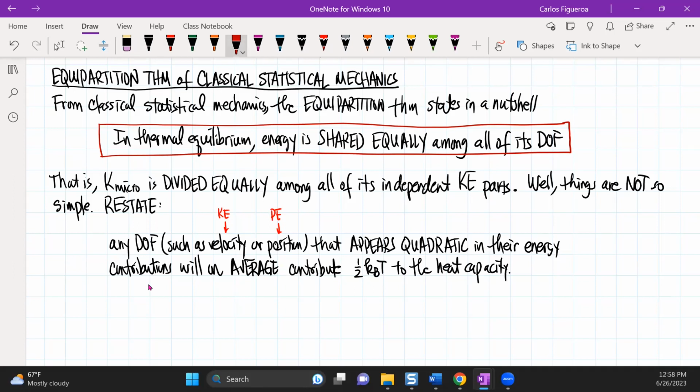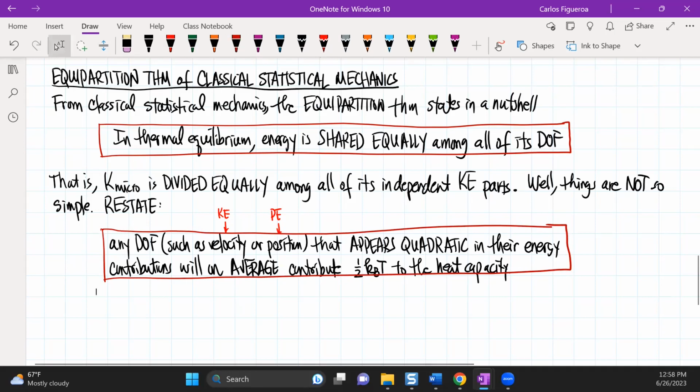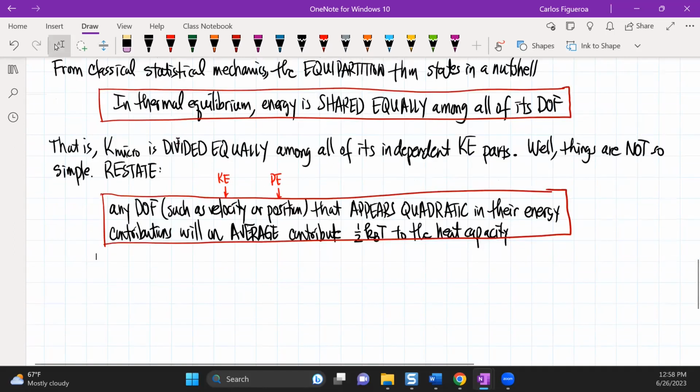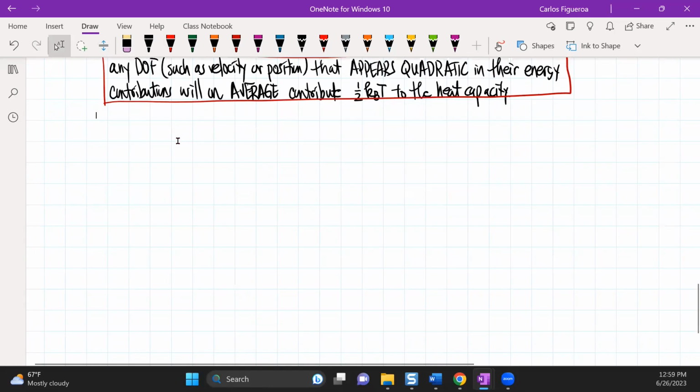This is a mouthful. And so I'm going a little bit beyond the scope of this course, but that's what it actually says.